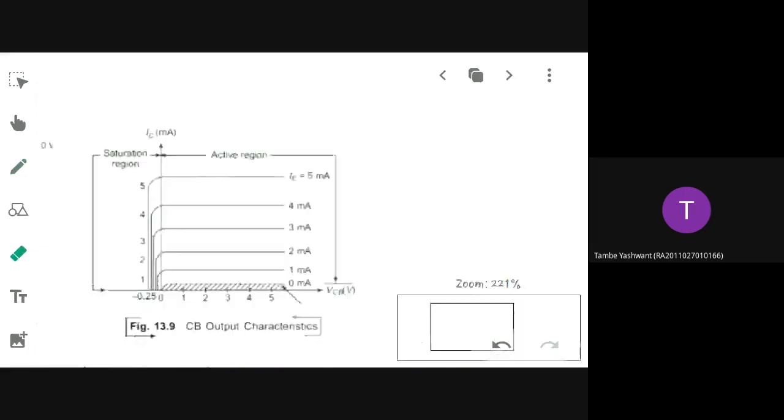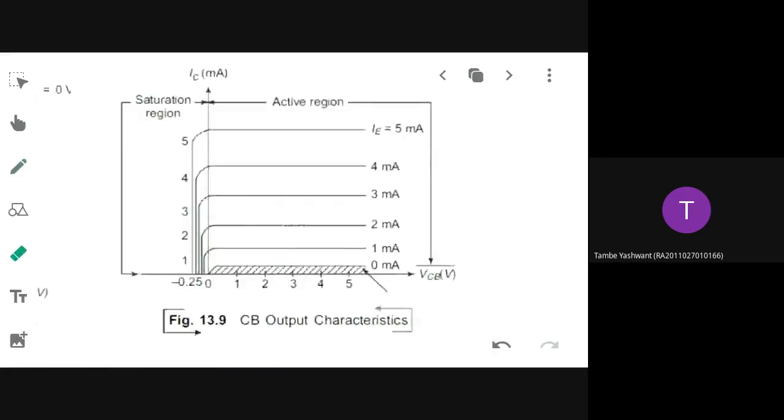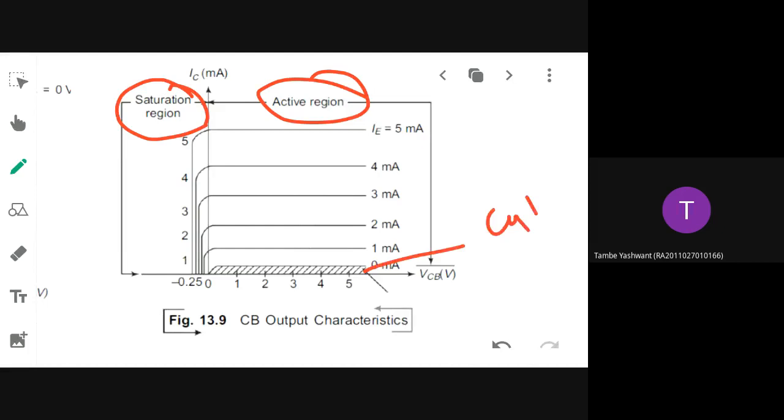Now you can see what happens to the curve. I already told you there are actually three regions of operation that you can observe in the output characteristics. So what are the three regions of operation? Saturation and active regions, and one more, cutoff. Cutoff region, how does it happen?